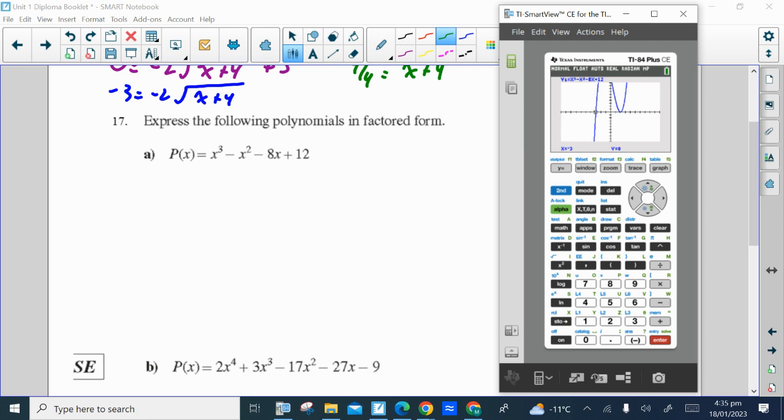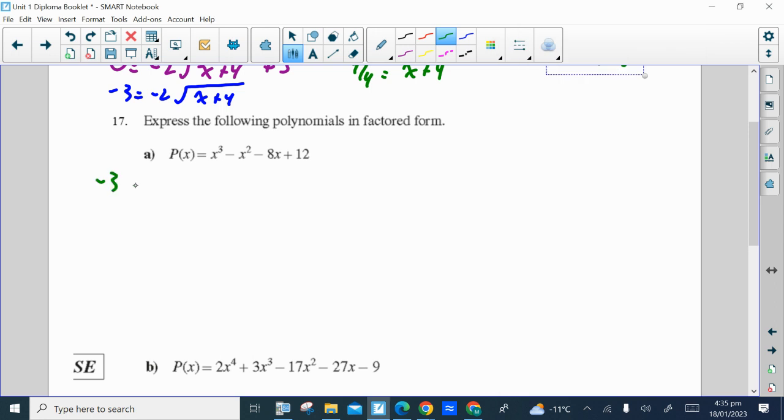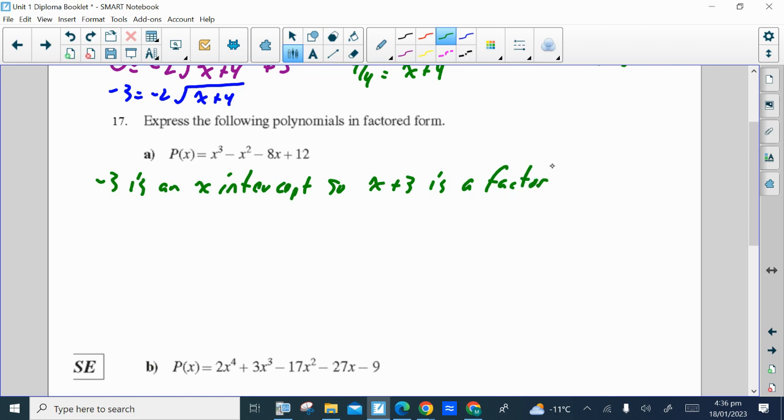Negative 3 is an x-intercept. So x plus 3 would be a factor. And so we're going to divide the polynomial by x plus 3 to get the remaining factors. But remember, we change it to x minus 3 so we could add as we're going along.